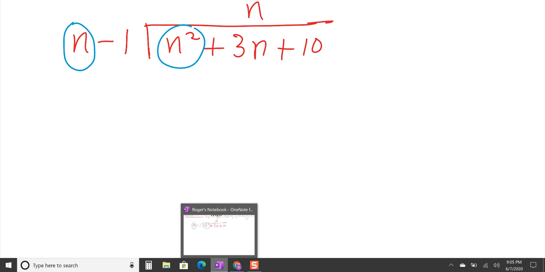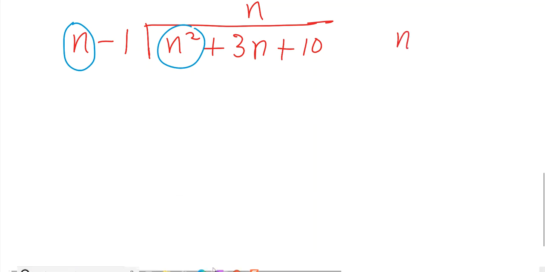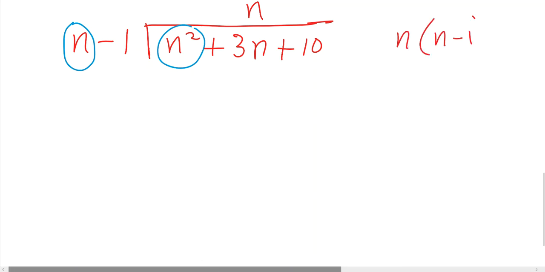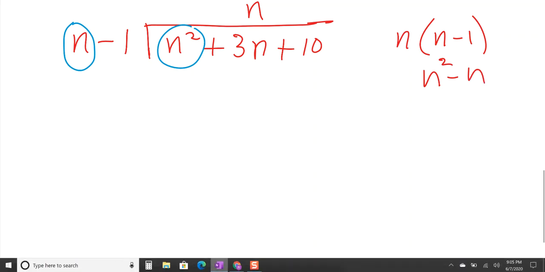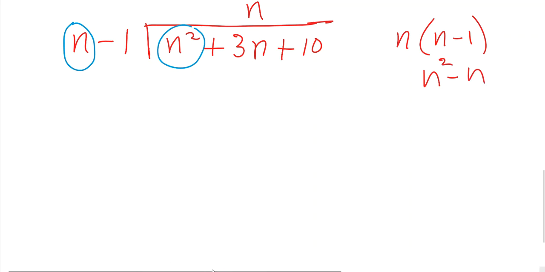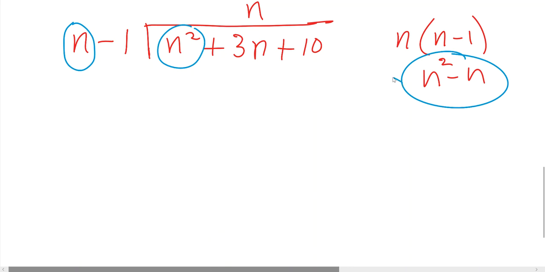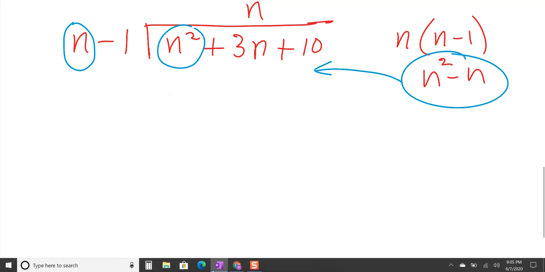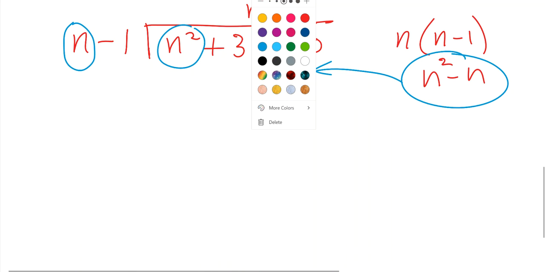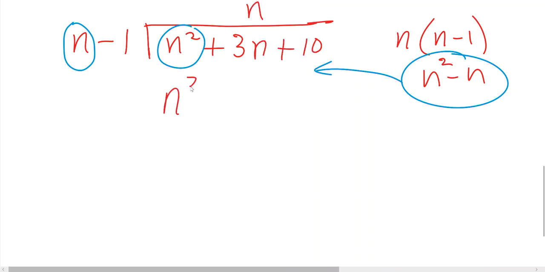Then we take n and we multiply by n minus 1. And we get n squared minus n. We take the n squared minus n and we write it right over here underneath of this. So it'll be n squared minus n.